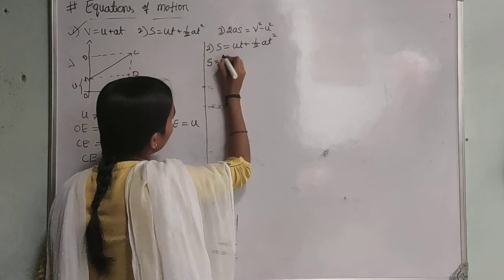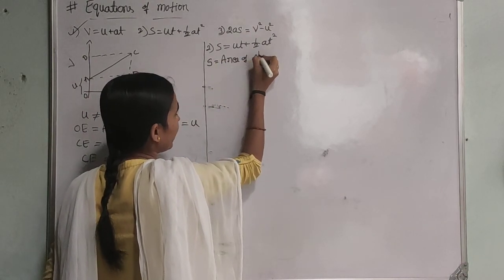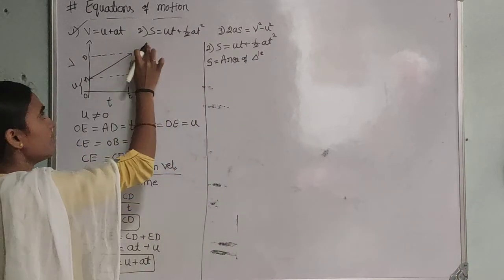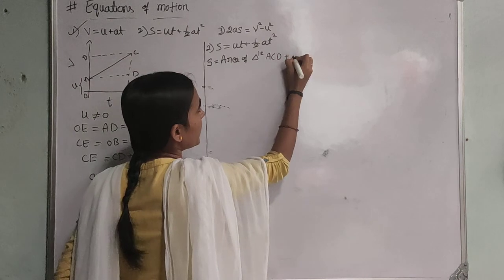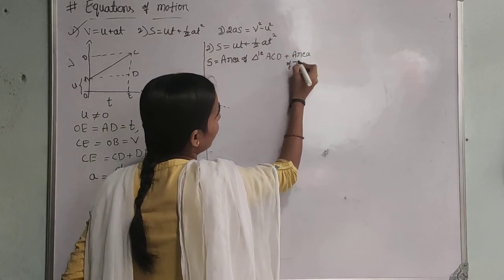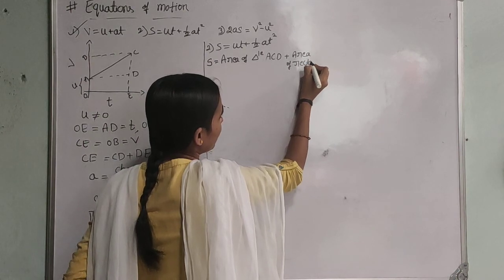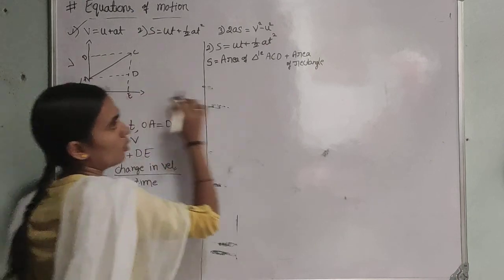So area of triangle, what is the triangle? ACD, plus area of rectangle. What is the rectangle here? ADEO.